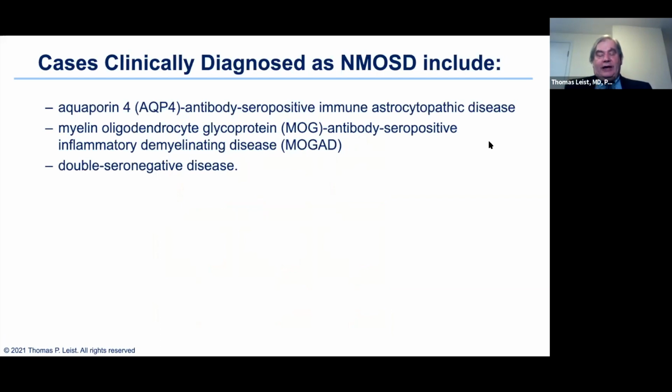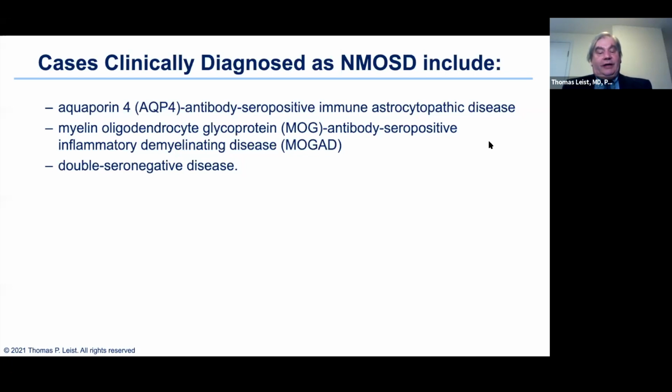Because the aquaporin 4 antibody binds to astrocytes, the cells that I call the Amazons of the central nervous system, we call this an astrocytopathy, a disease that affects the astrocytes. We have also learned that there are individuals that have antibodies to myelin oligodendrocyte glycoprotein.